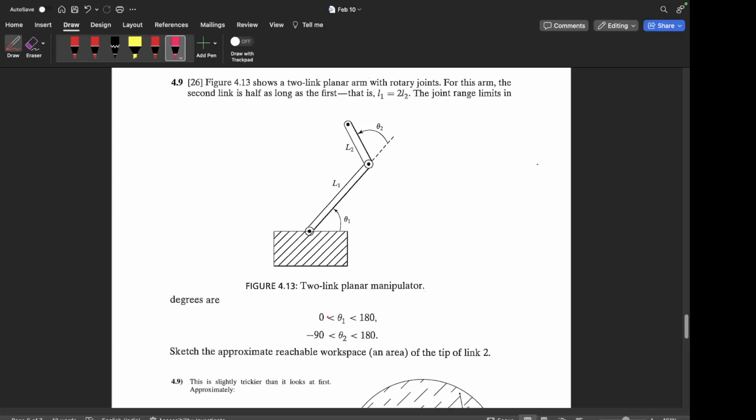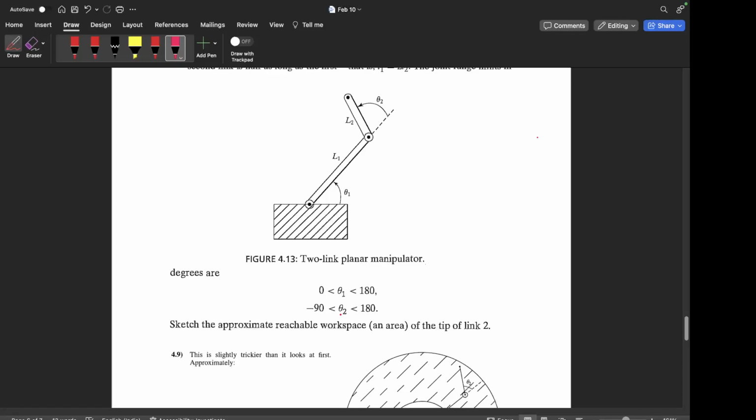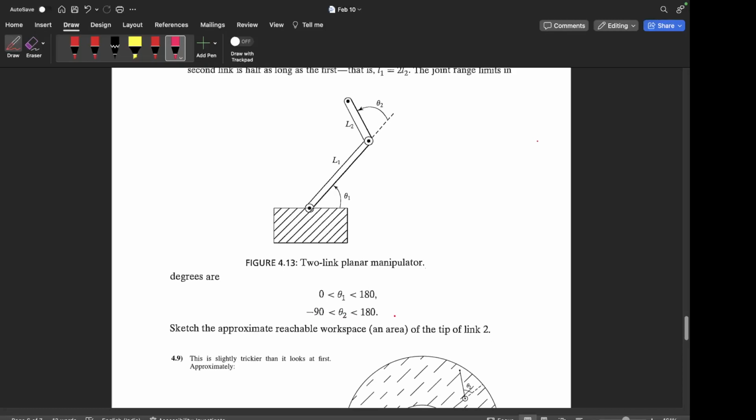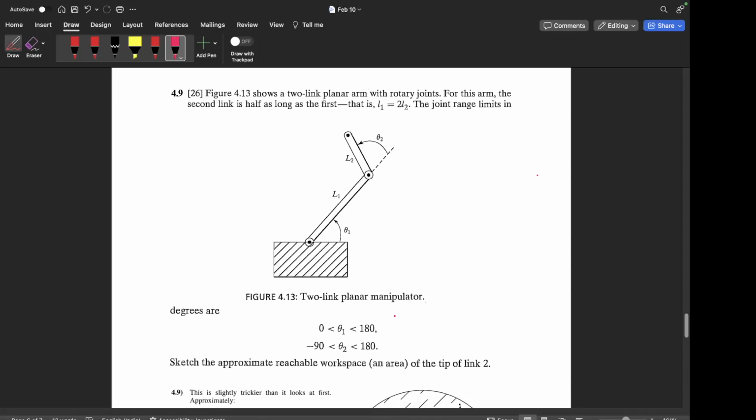It's given that theta 1 has a limit from 0 to 180 degrees, and theta 2 has a limit from minus 90 to 180 degrees. Okay, so first, let's visualize these limits, right? This is the base frame.